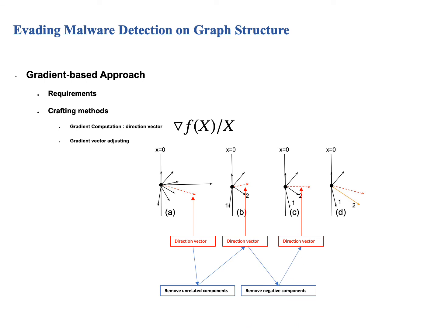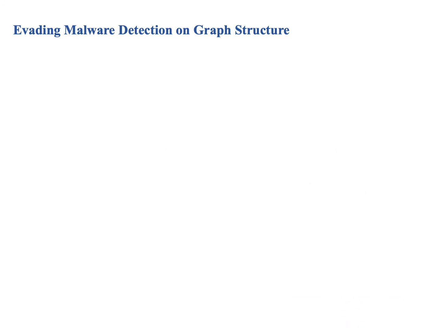And then, in order to keep the same direction as the red line in graph A, we should prolong the length of line 2 in graph D and get the same direction line, the red line in graph A. This is the basic idea of our method.